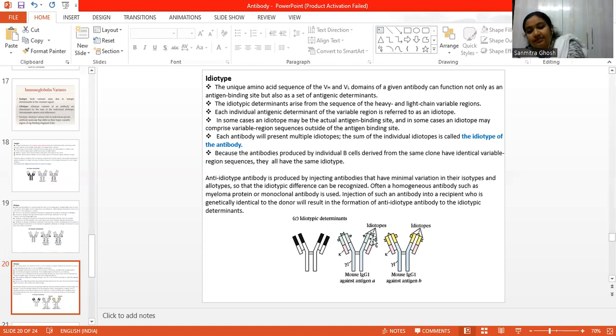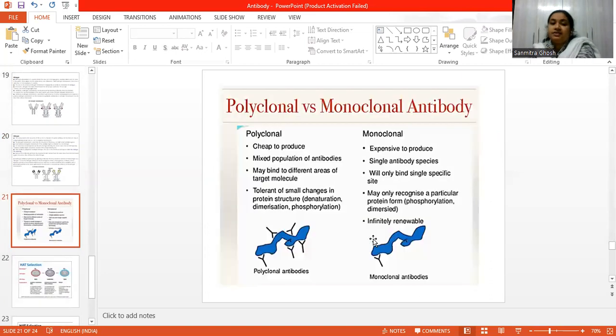In our system, that means in the human system, when antibodies are produced, they are actually polyclonal in nature. So in the in vivo system, whatever antibodies are produced in the body of each and every individual, they are polyclonal in nature, comprising a mixed population of antibodies.